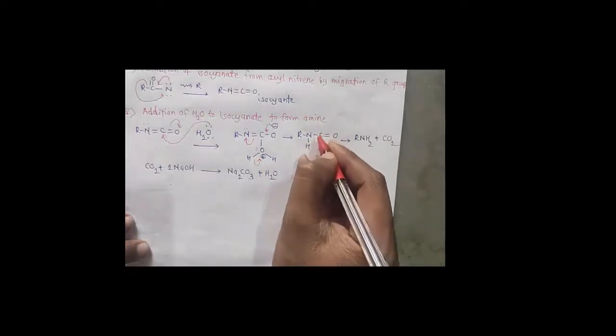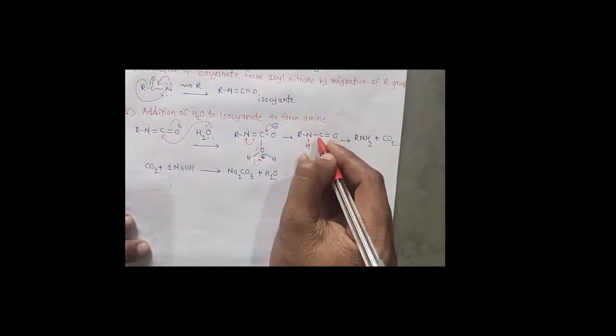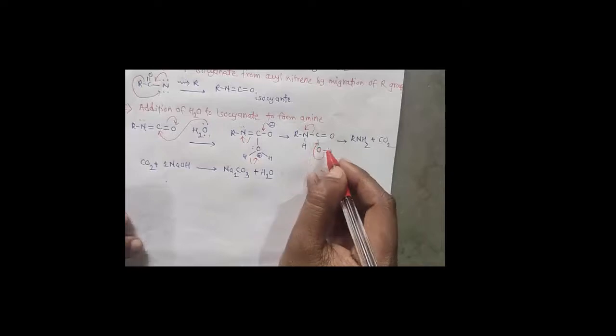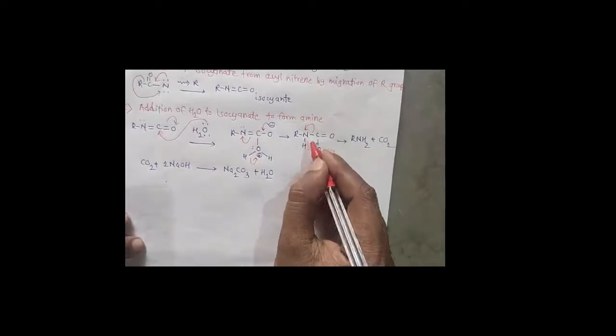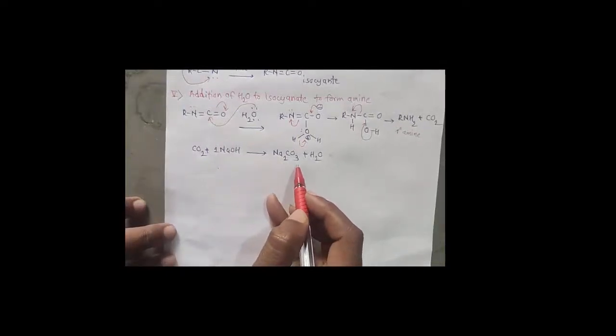To maintain stability, the bond between the nitrogen and carbon breaks, and this hydrogen gets attracted here, forming the primary amine plus CO2. This CO2 reacts with two molecules of NaOH to form Na2CO3 plus H2O.